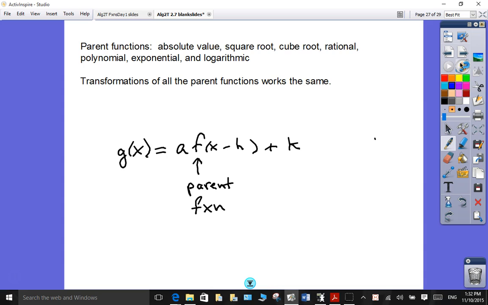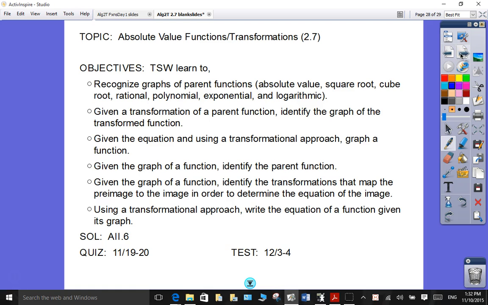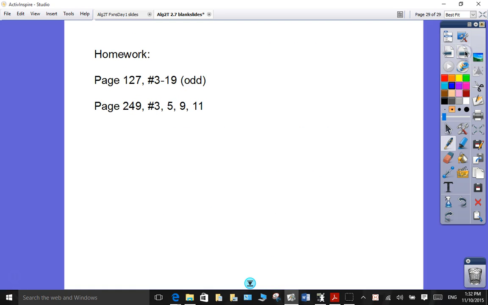Less things to memorize if you think of it that way. And that is mercifully the end. So these homework problems, these are all absolute value problems. These are actually quadratics. Think of them like transformations.